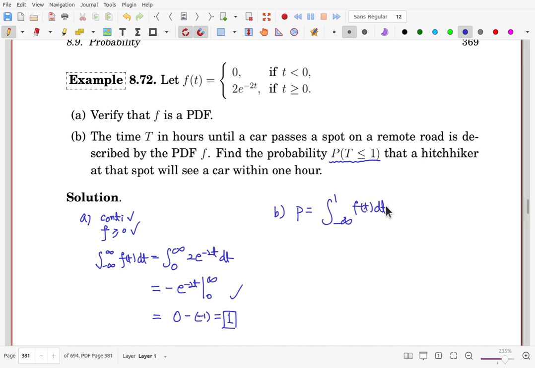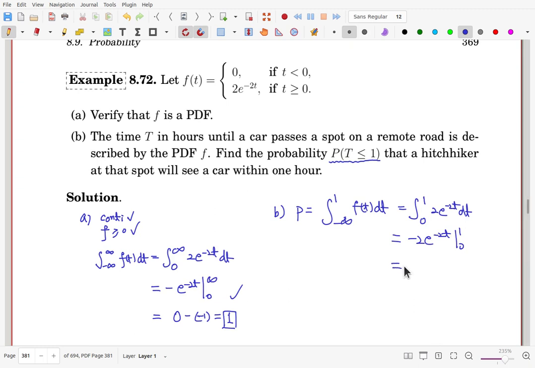Okay, now again, from minus infinity to 0, it is 0, so it can be written in this way, from 0 to 1, and on the right side the value is 2 e to the minus 2t dt. The antiderivative is minus 2 e to the minus 2t, and we are evaluating from 0 to 1.